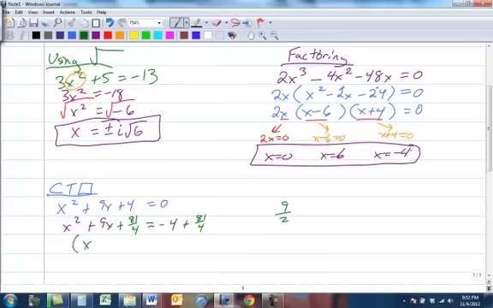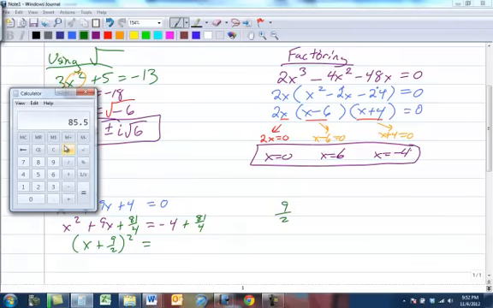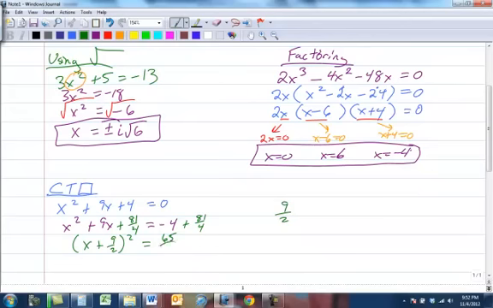This is x plus what multiplies to 81/4 and adds up to 9? That's right, 9/2. 9/2 quantity squared equals, what is 81/4 minus 4? Let's see. 81 minus 16. I got 65/4. You might want to go and double check me, but I'm pretty sure I'm right.